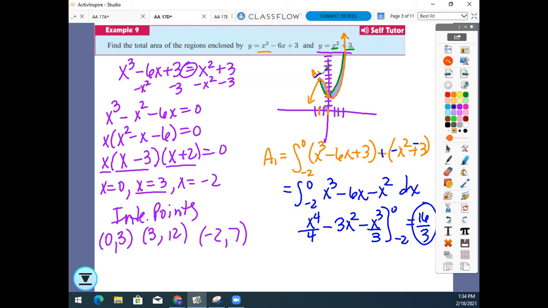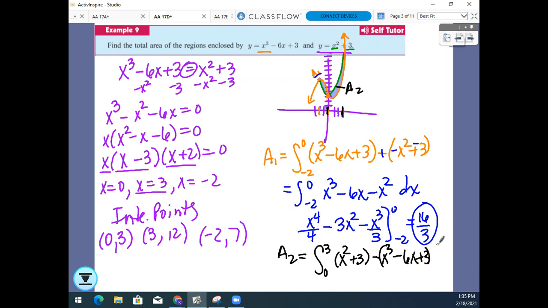All right, now I'm going to do area 2. That's this right here. This goes from 0 to 3. And now I have my quadratic function on top, x squared plus 3, minus the bottom function, x to the 3rd minus 6x plus 3, dx.